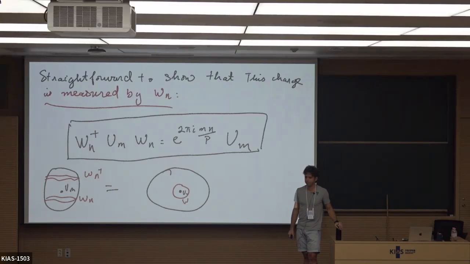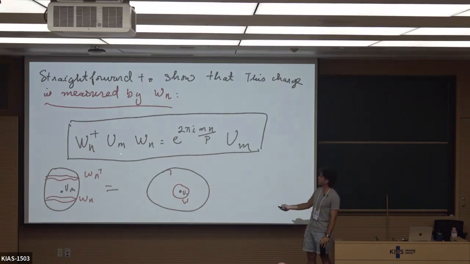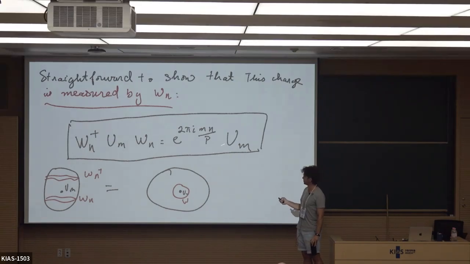It's 2 dimensions, so you can't have 2 loops, right? Okay. Yeah. Take it back. But all it is that there are 2 discrete symmetries in the theory, and they're related to each other. The 2 charge operators measure each other.